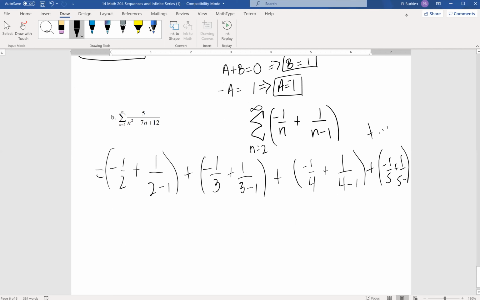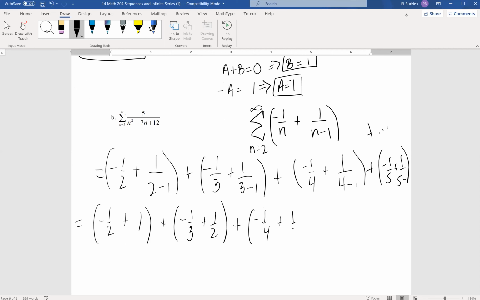So then simplify that. So I have minus 1/2 plus 1, minus 1/3 plus 1/2, minus 1/4 plus 1/3, minus 1/5 plus 1/4, and so on. So what cancels?